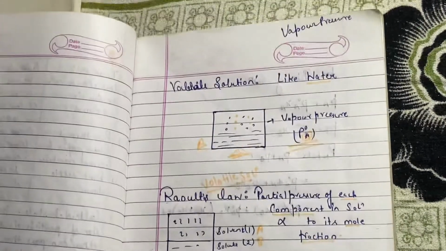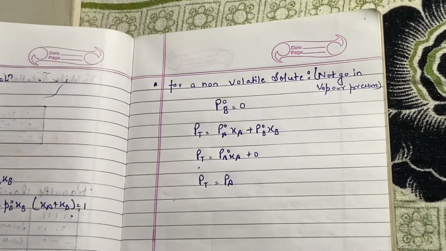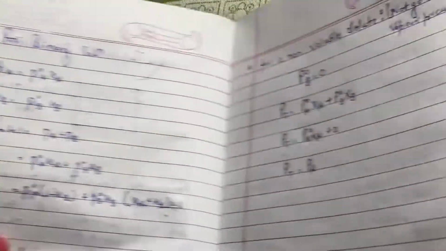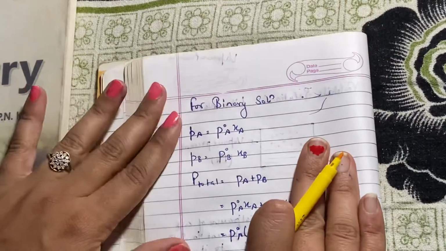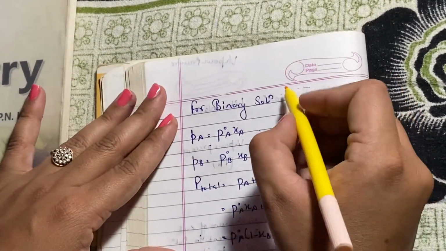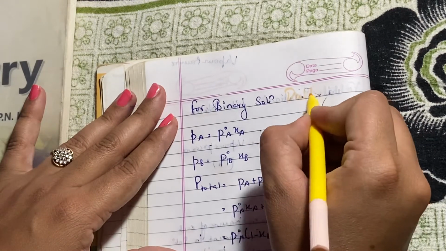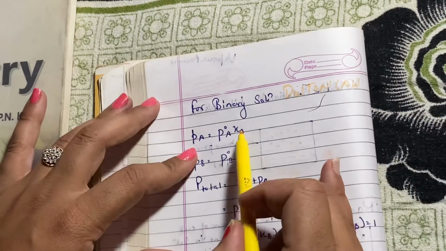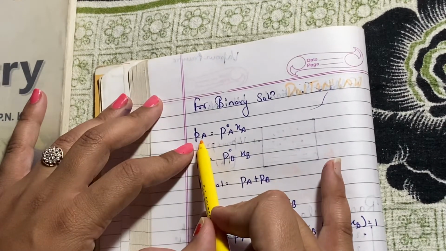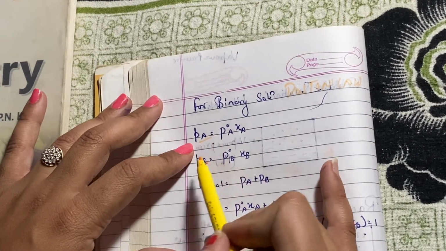Now the next one is for a binary solution. For a binary solution, Dalton's law applies. So for a binary solution, you take two components, PA and PB.